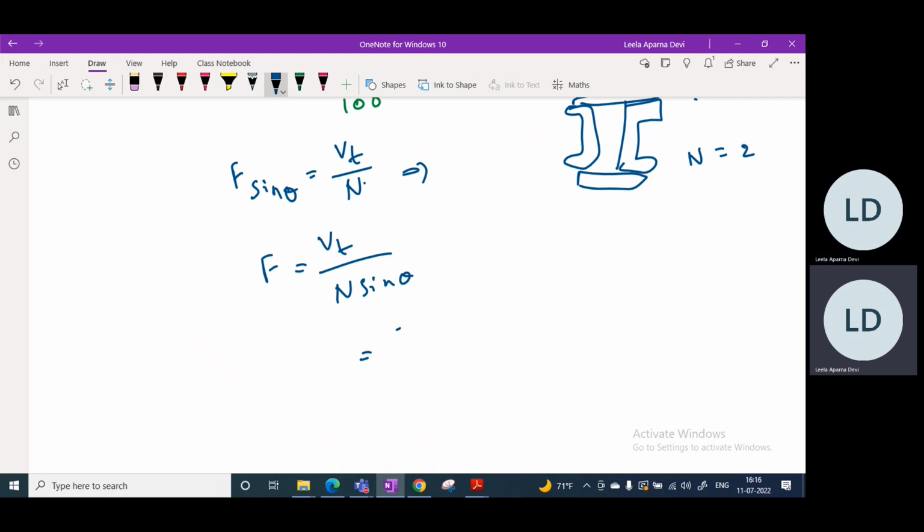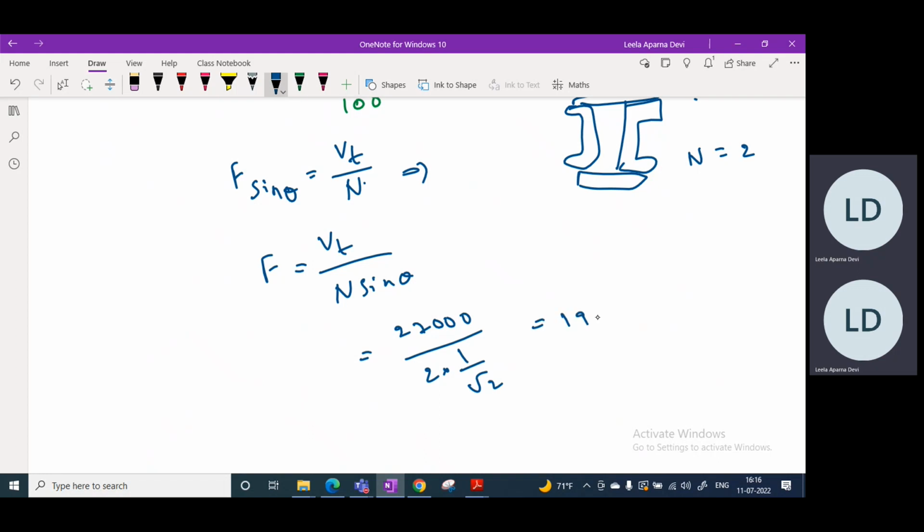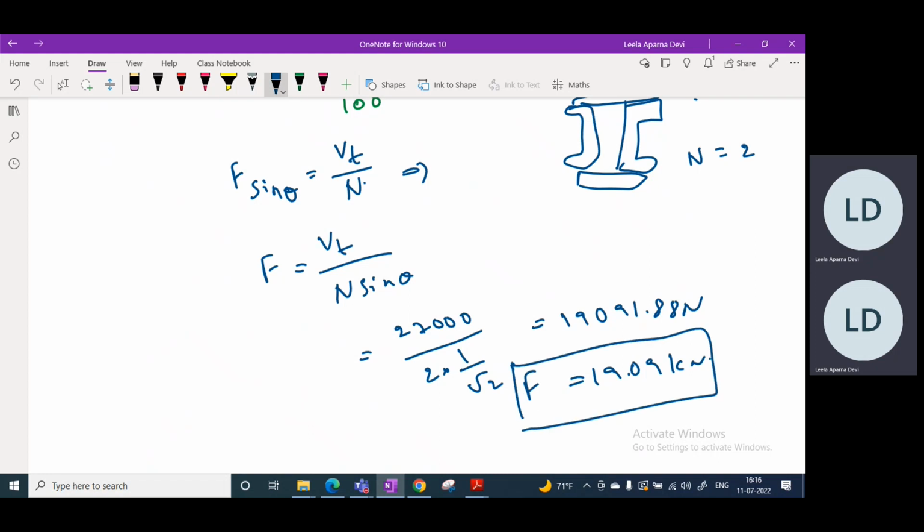Which is 27,000 divided by 2 into 1 by root 2. So this will give you 19091.88 newtons, that is 19.09 kilonewtons. So this is the F value, that means the force in the lacing bar.